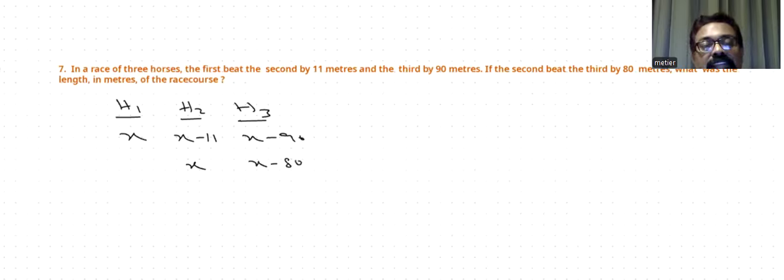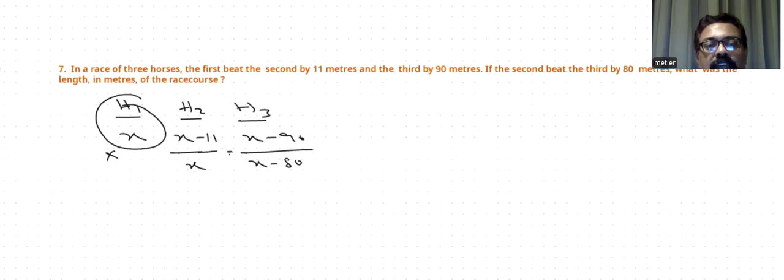Now the first horse is not important. The speed ratio of the second and third horse will be the same, so the distance ratio will be the same. If you solve these ratios, you will get the value of x. This is the first, conventional technique.